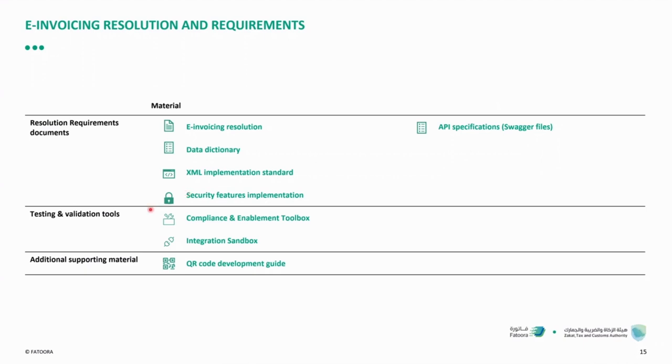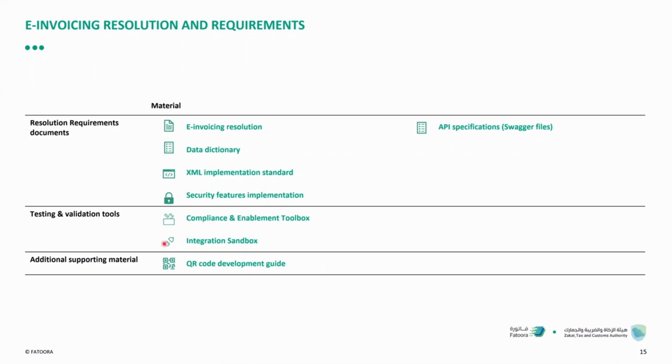Next, we have provided some tools to our taxpayers to make sure that their solutions are ready to be integrated. So we have released a compliance and enablement toolbox in the form of an SDK, software development kit. It can be downloaded locally on your machines, and then you can test the invoices and make sure that they are compliant with Zatka requirements.